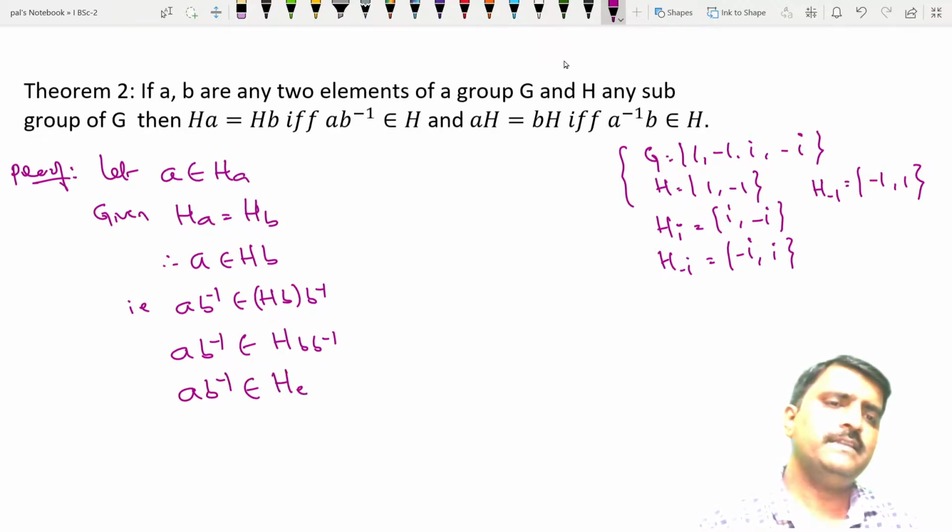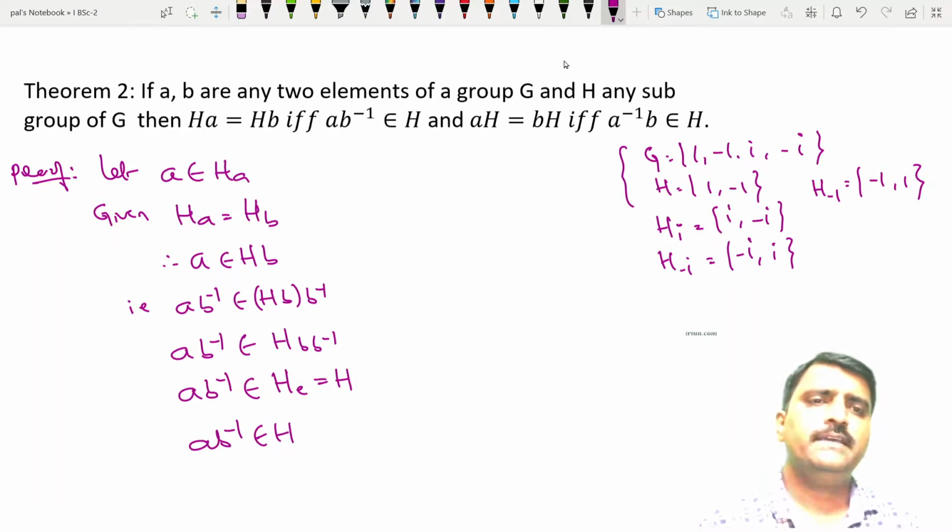As I said earlier, HE means that H is the same as H. So AB inverse belongs to H. That is what we had to prove: if HA is equal to HB, then AB inverse belongs to H.